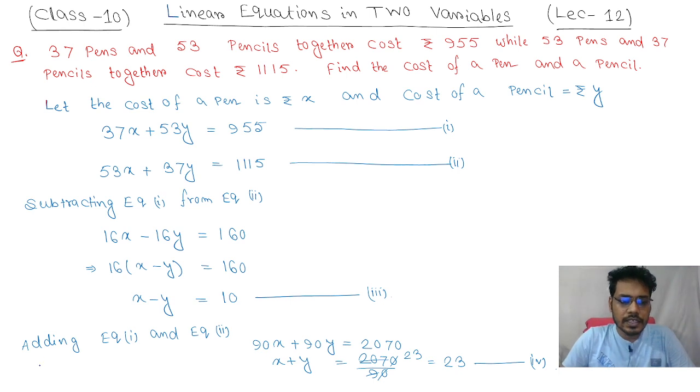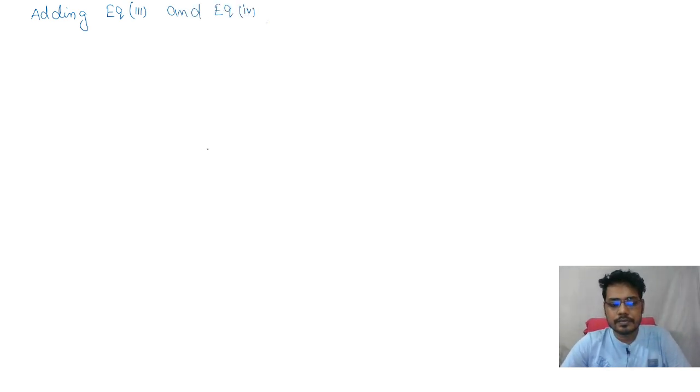Now after adding equation number 3 and equation number 4, you will get that x minus y is 10 and x plus y is 23. It is already in this equation number 3 and 4. So now if you add, you will get 2x is equal to 33.